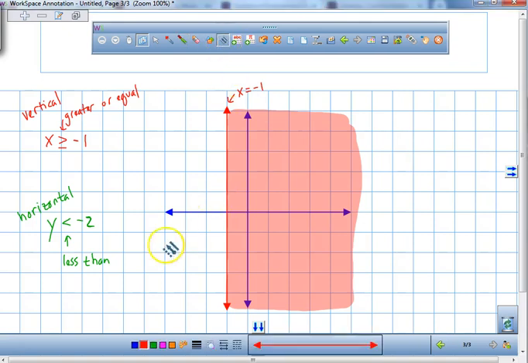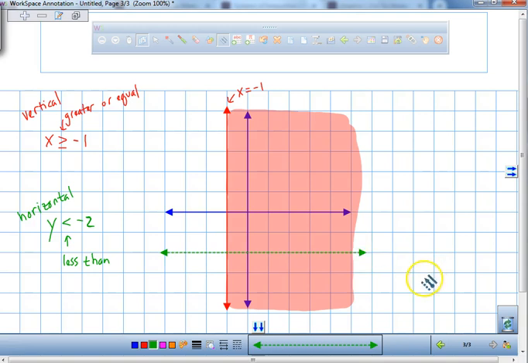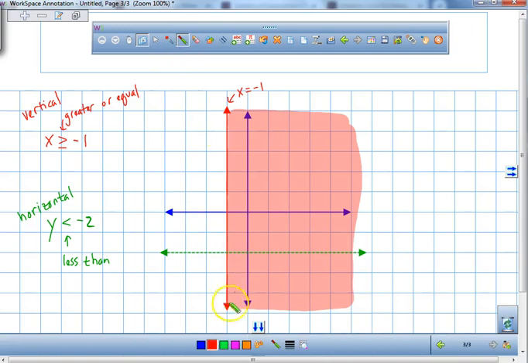Now, the next one, you guys see it says y is less than -2. So I have to make a dotted line, a dashed line. It's got to be at the -2 where y is -2. So you get a horizontal line. And less than means I've got to shade below. So everywhere below this has to be shaded.